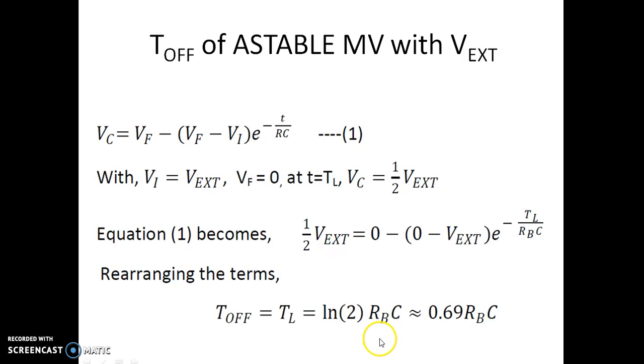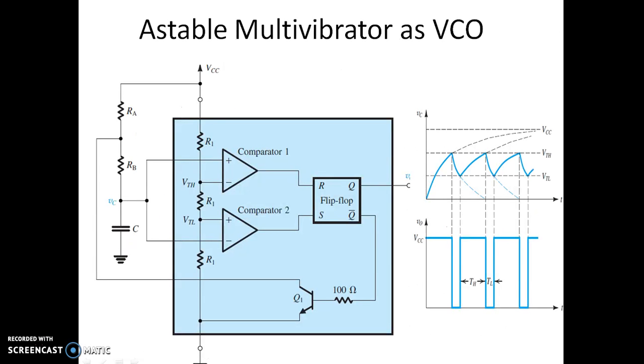Even if only the on time changes, we know that the total time and the frequency of the circuit will change. So it is possible to get required frequencies by changing the threshold voltage VTH. It is also interesting to see that by varying the VTH, we are able to get any duty cycle, even a duty cycle less than 50%, even for this circuit.